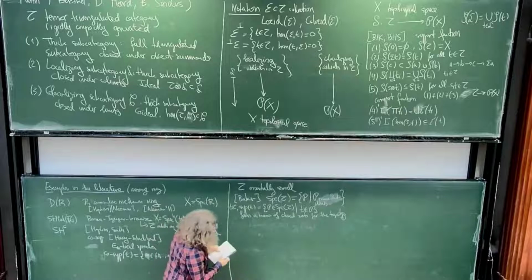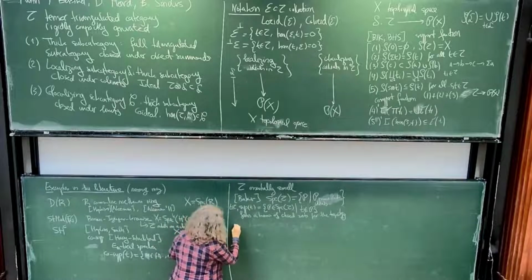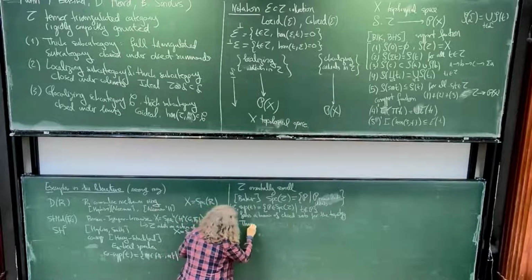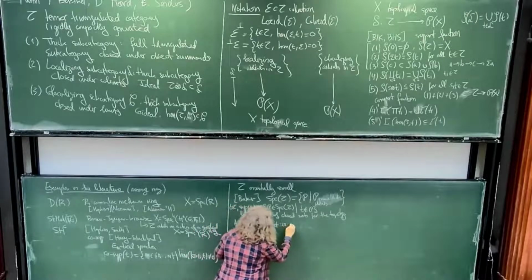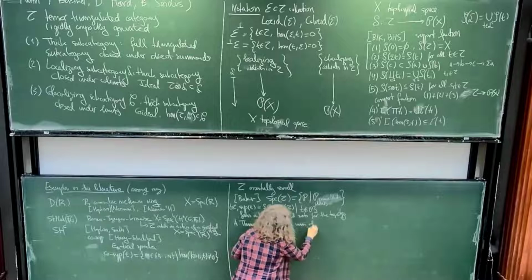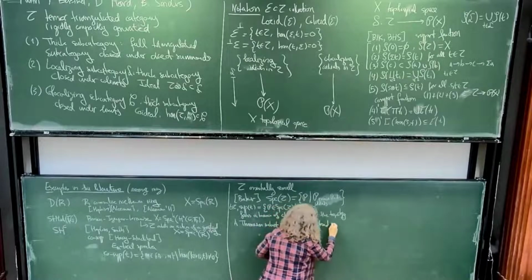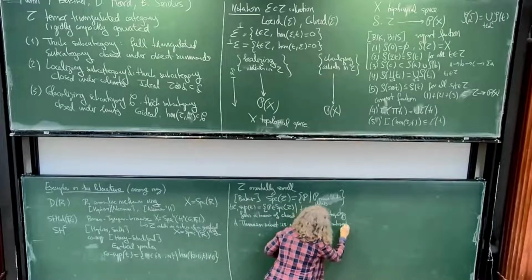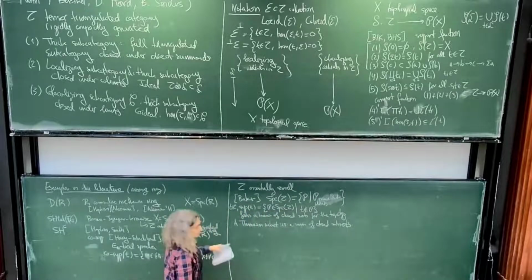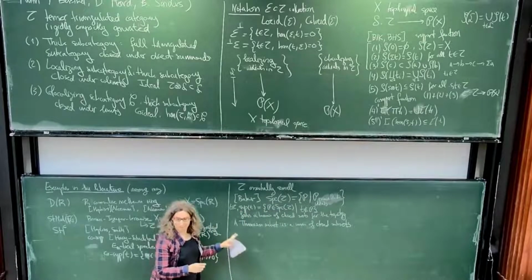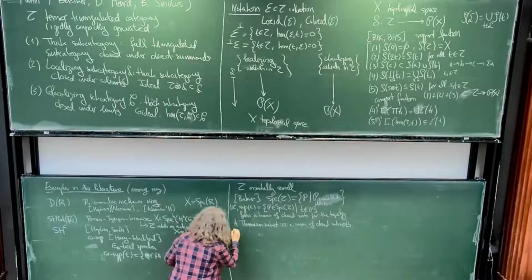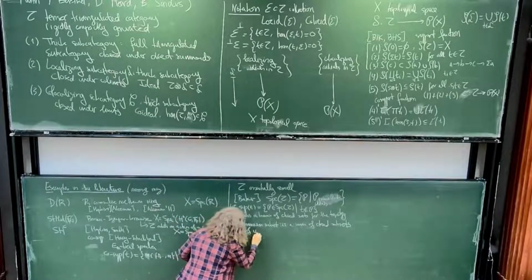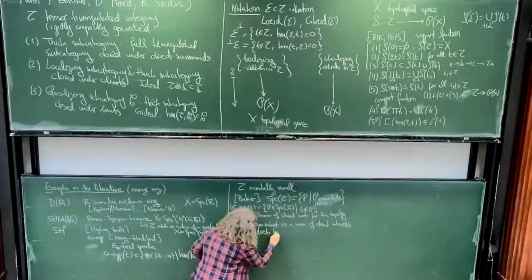Let me just recall that a Thomason subset is a union of closed subsets, each of which has a quasi-compact complement.